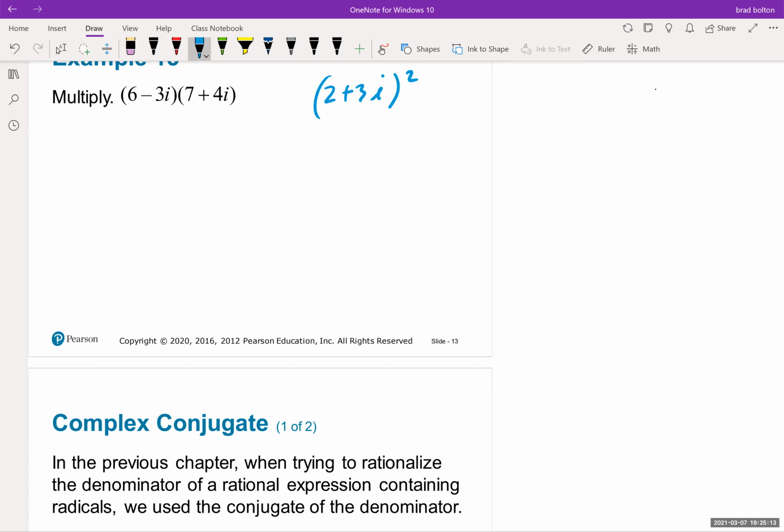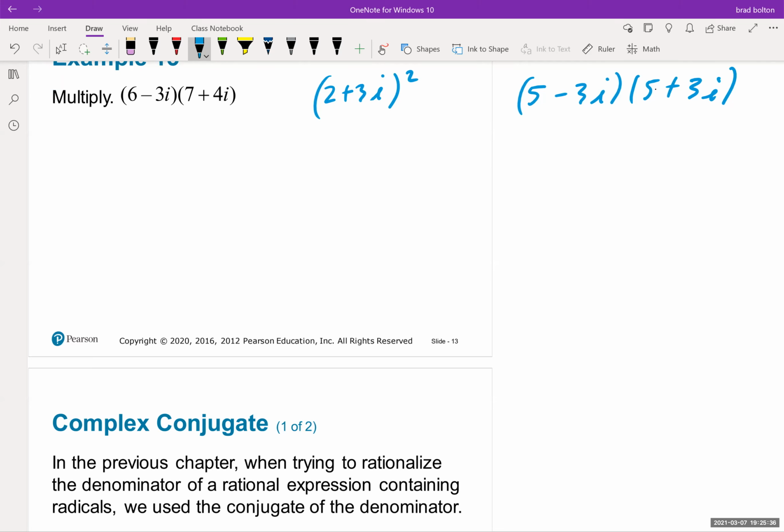And let's do 5 minus 3i times 5 plus 3i. So let's try these three problems, okay? Take what you know about multiplying, what you know about FOILing and distribution and everything like that, and try these three without me just telling you how to do all of them. So pause the video and give these three a shot.